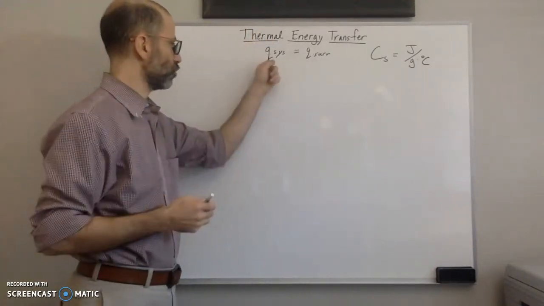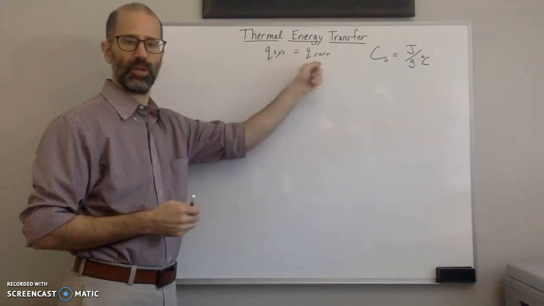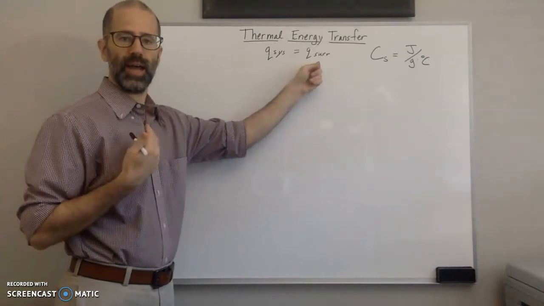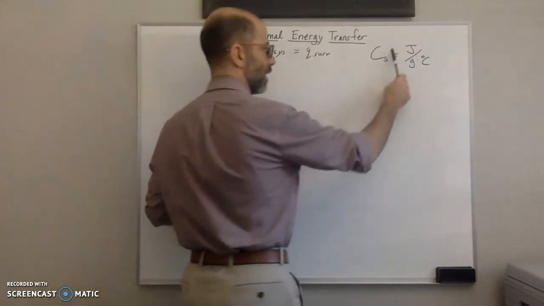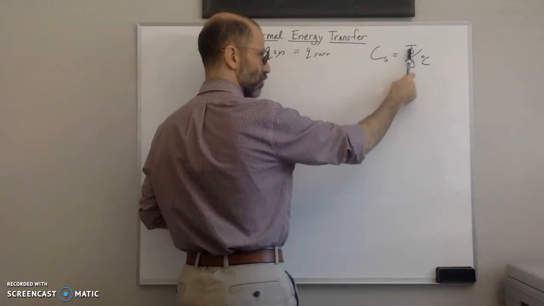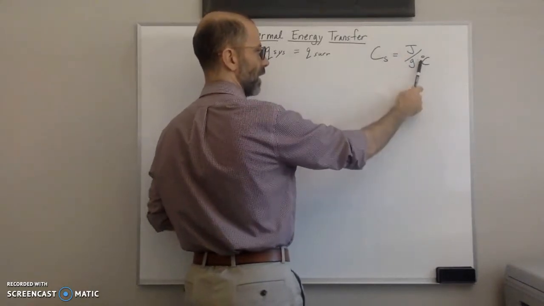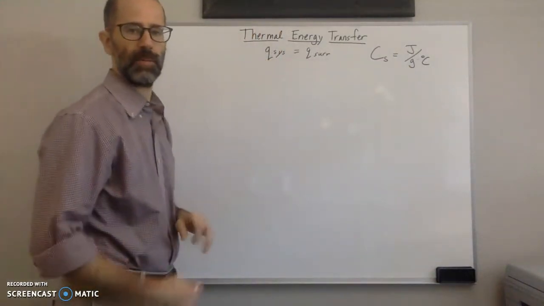Q refers to heat energy, or thermal energy, so here we want energy units. To get energy units from specific heat, I need to multiply by grams to cancel out grams, and multiply by a temperature change to get rid of degrees Celsius.